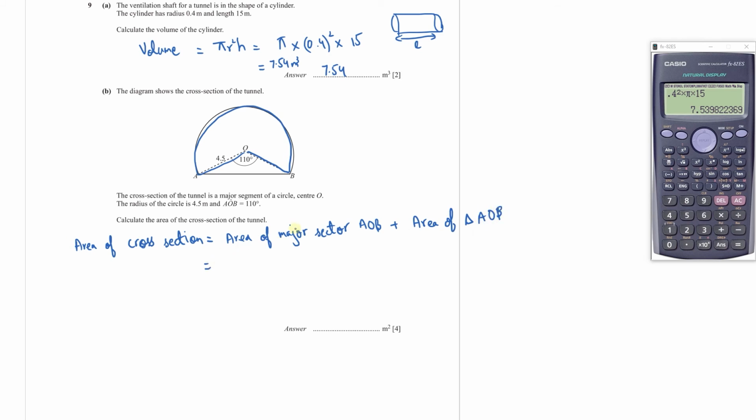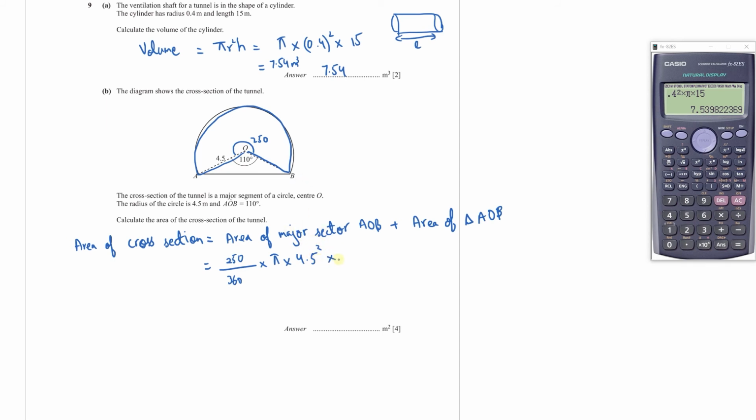So what will be the area of this major sector? This is 110 degrees. That means this angle here is 250 degrees. So this will be 250 over 360 into pi r square, pi into r, which is 4.5, square.